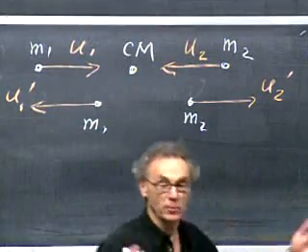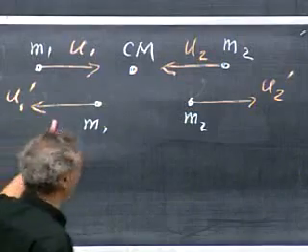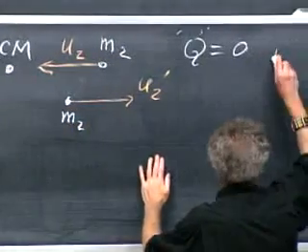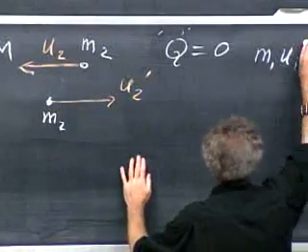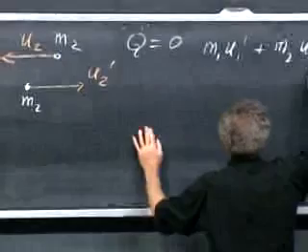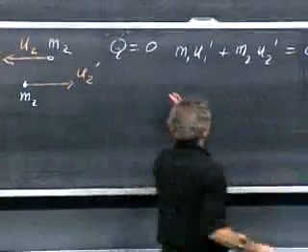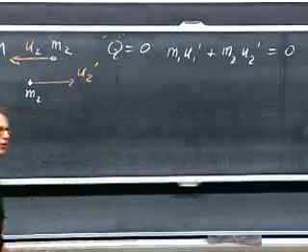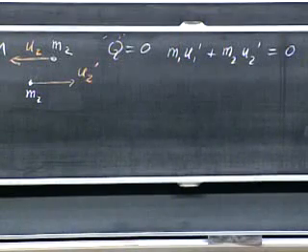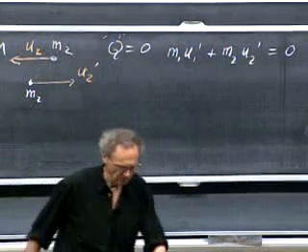Now I know that momentum is zero, so I already can write down for this situation after the collision that m1 times u1 prime plus m2 times u2 prime must be zero. I don't write them down as vectors. That's not necessary because it's a one-dimensional collision, and the signs will automatically take care of the directions.